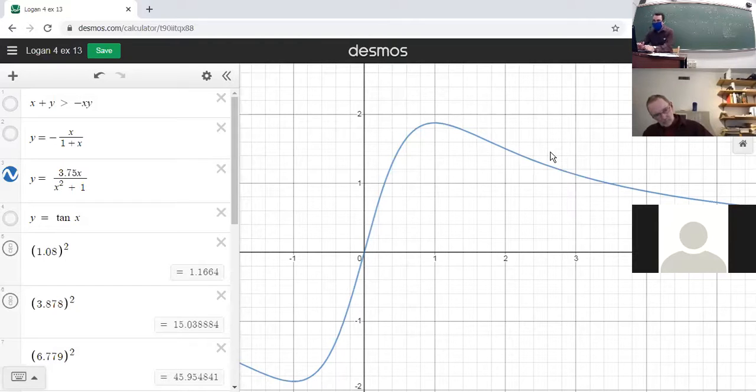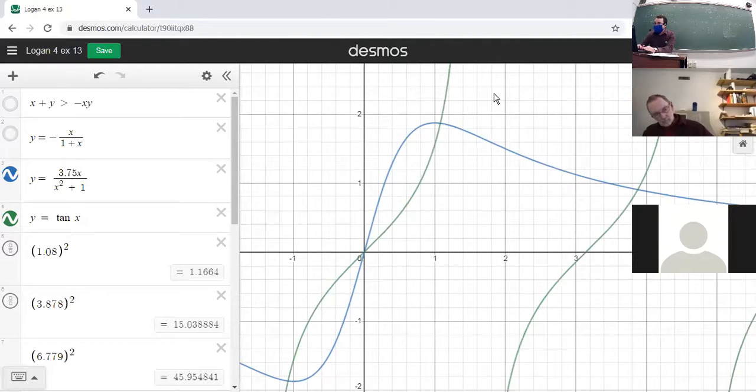You'll see I did this multiplication trick just to simplify it. So I got 3.75 times root lambda divided by -1 minus root lambda squared, and then I cancel out a negative sign. Then you want to compare this to tangent root lambda, or tangent x.